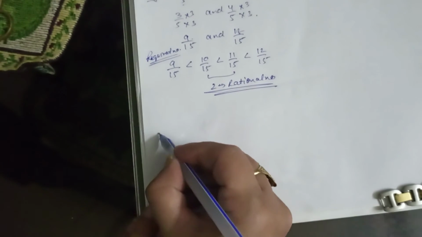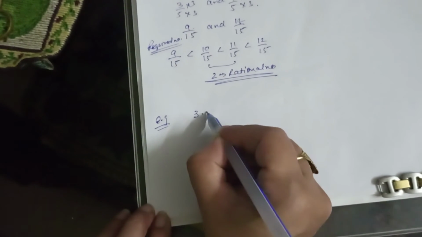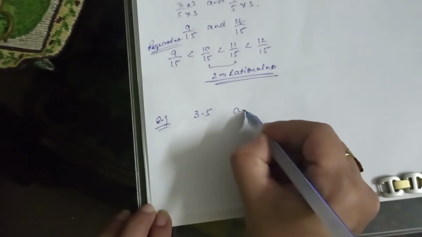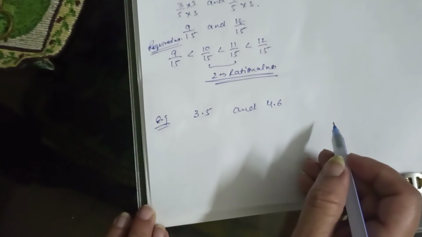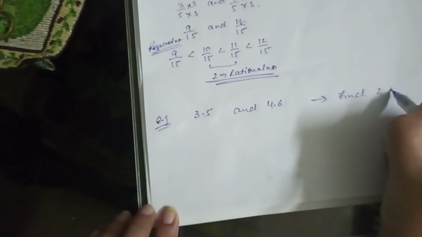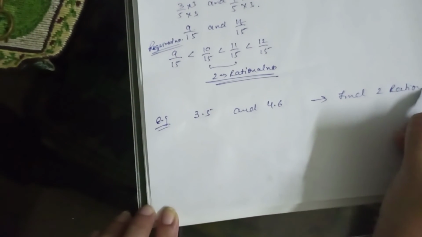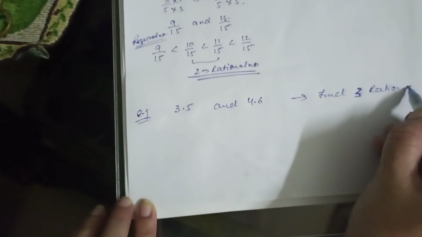Let us do the next one. If something is written like 3.5 and 4.6, and it says find two rational numbers between them, or three rational numbers between them. Let us take three rational numbers between them.